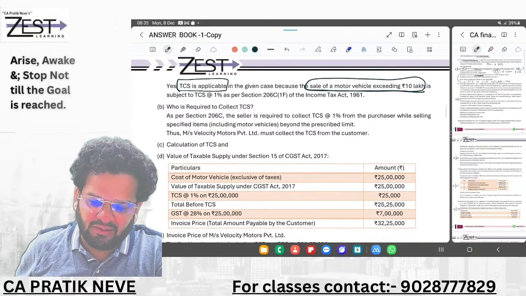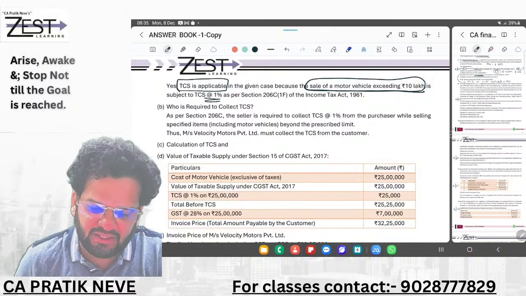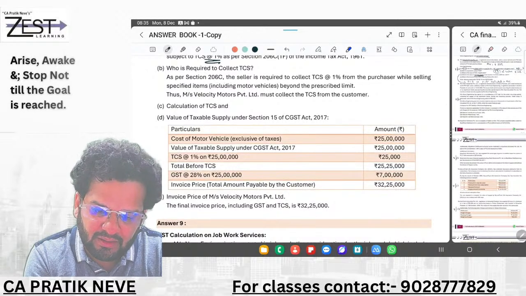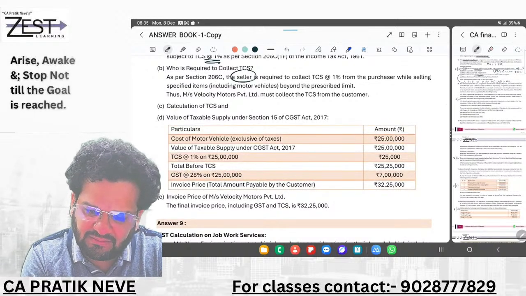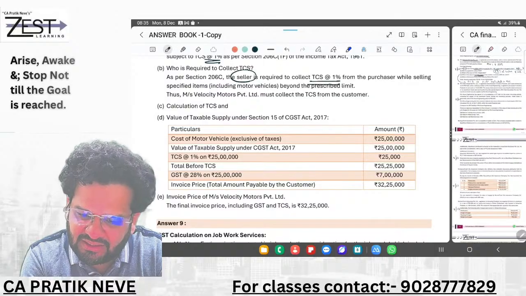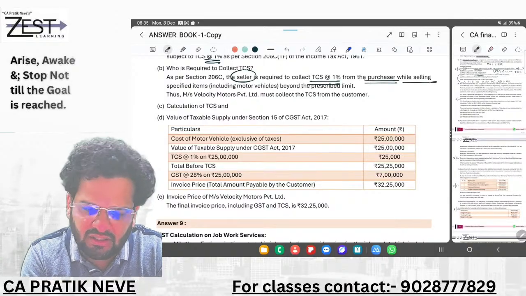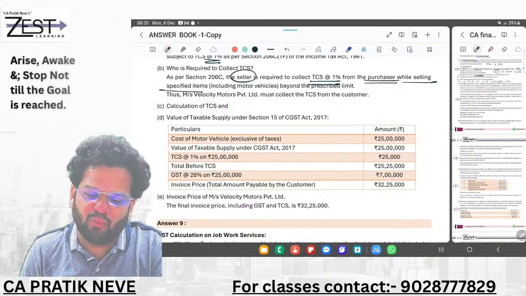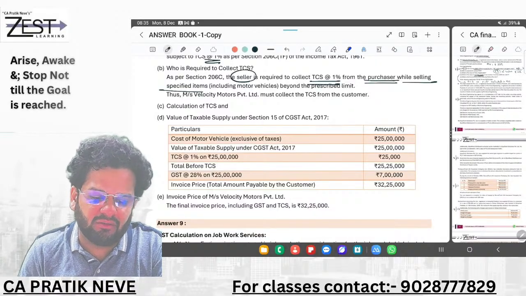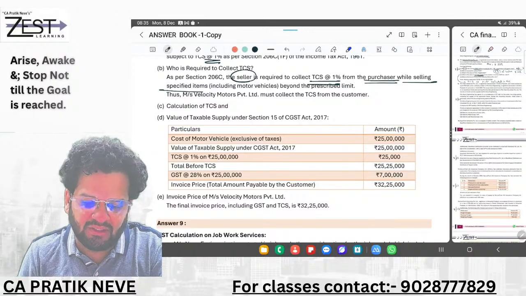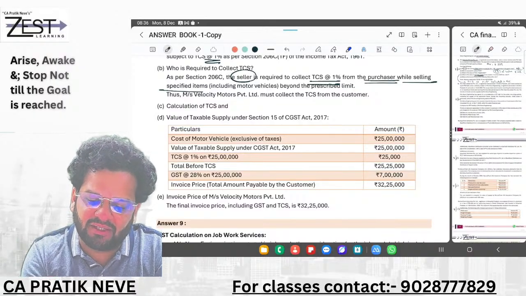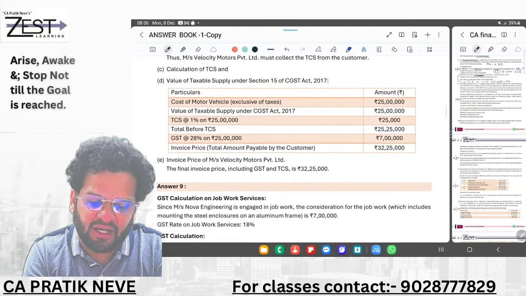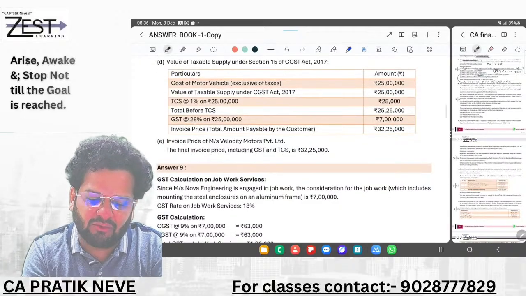Okay. So TCS will be at 1%. Who is required to collect TCS? Seller is required to collect TCS at 1% from purchaser while selling specified items, including motor vehicles, okay, beyond 10 lakhs as we discussed. Thus, Velocity Motors Private Limited must collect TCS from customer. Now, how TCS will be calculated?